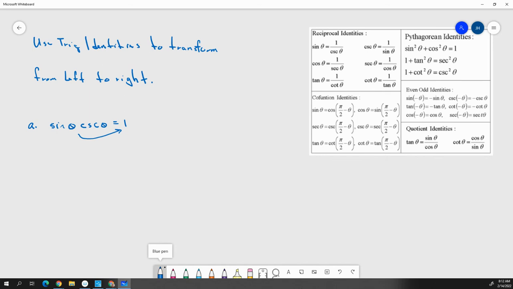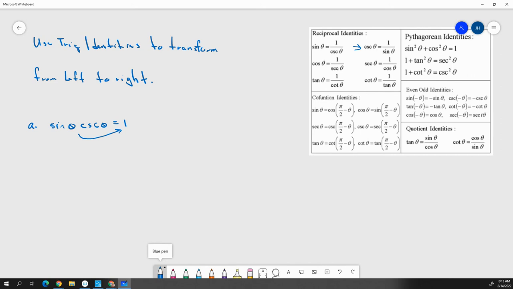And so we have to break it down, because if you look at our trig identities, we don't have anything that says sine of theta times cosecant of theta equals 1, right? But what we do know is that cosecant of theta is the same as 1 over sine of theta, right?